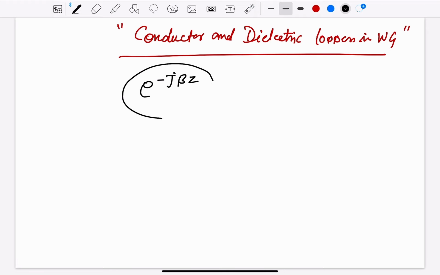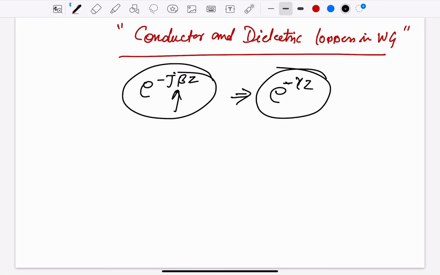How is it modified? In place of beta, you have to recall gamma, that is e to the power minus gamma z, and we are aware that this gamma is alpha plus j beta, which can be expanded as alpha c plus alpha d plus j beta.